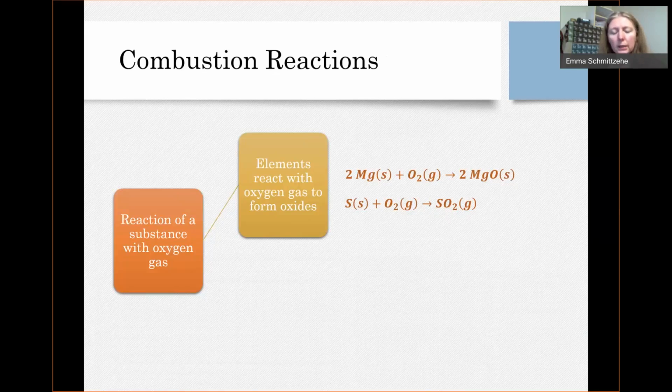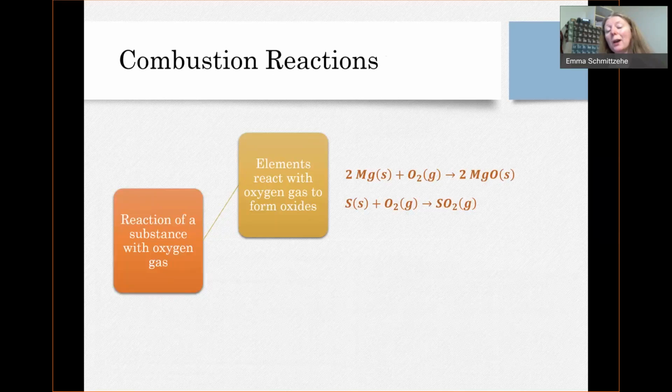Because sulfur dioxide is a stable covalent compound, but you can also form sulfur trioxide. Okay, so depending on the conditions would determine which would form. And it could be that sulfur dioxide is just so much more stable that that's the primary reaction.